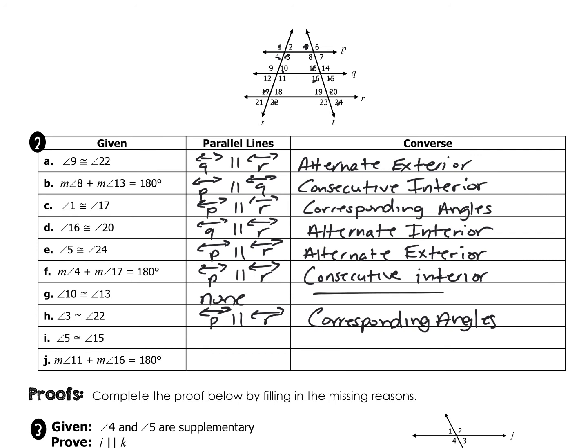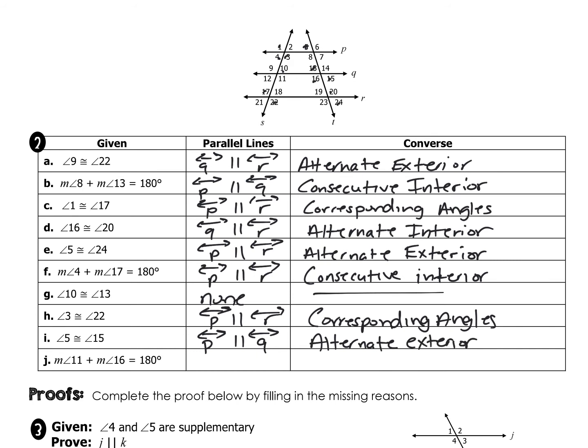Okay. Angle 5 and angle 15 are also, let's see, 5 and 15. Those are alternate exterior on transversal T. So that proves that P is parallel to Q. Alternate exterior. Okay.